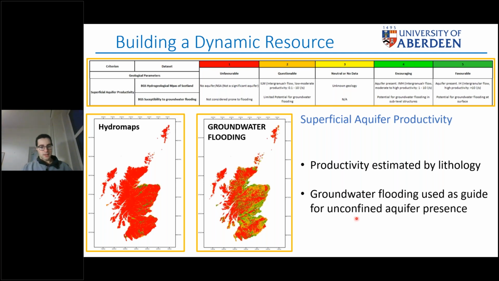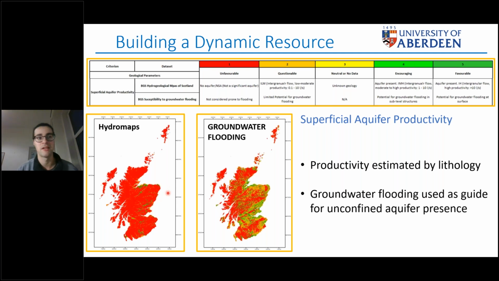Another key criterion is the superficial aquifer productivity. Again, two data sets I've used to represent these. One is estimating the productivity of these varying lithologies by example boreholes that the BGS has taken, and then it extrapolates that across the whole area.